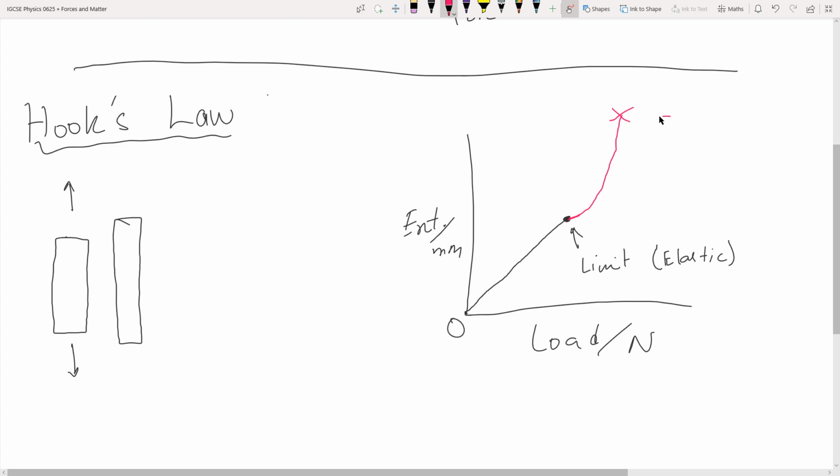So this is the fracture point or breaking point. At this point, this rod, now I'm just going to extend it. Let's say we extended it too much, and it would tear apart into two pieces like this. So this is when the fracture limit occurred.